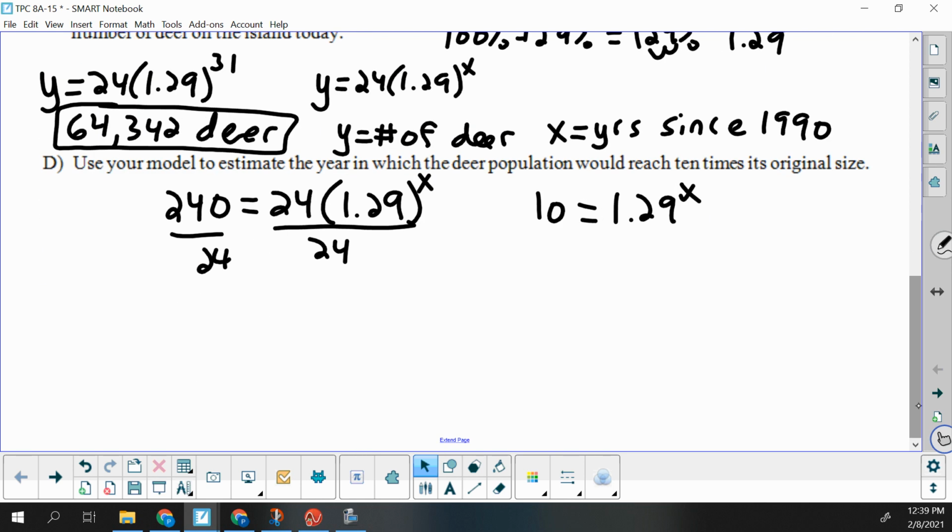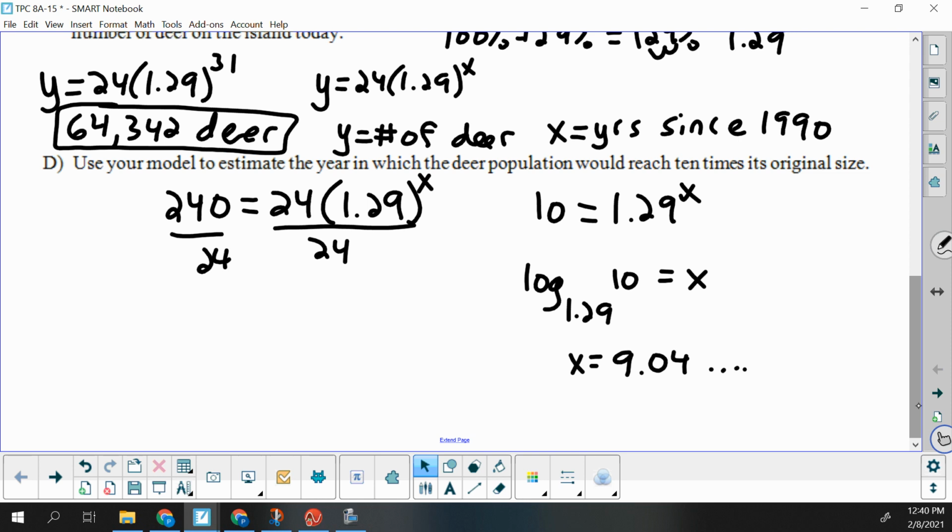Well, if you want to solve for x in an exponent, we want to be thinking a log. Your base is always a base. So the base of our log should match the base of our exponent. And then the base should switch what it's with. So now we're going to have log base 1.29 of 10, and then the x will be by itself. When we sub that in, we're going to get x is equal to 9.04 and change.